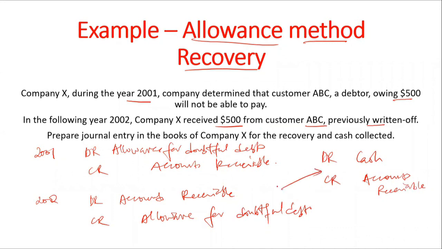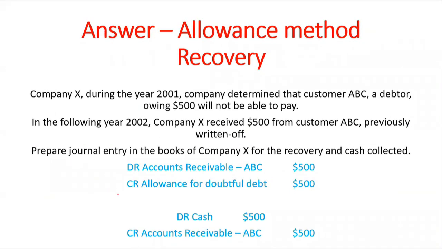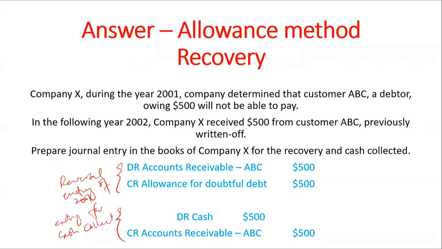These two entries will fall in year 2002. Here is the answer for your reference. The first entry is the reversal entry of 2001, and then this is the entry for cash collection.